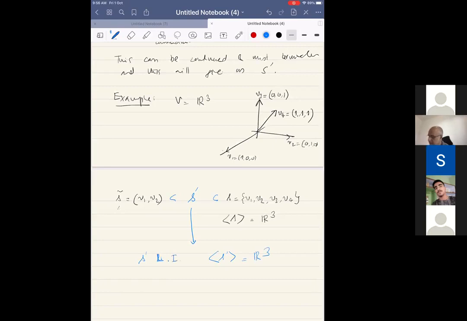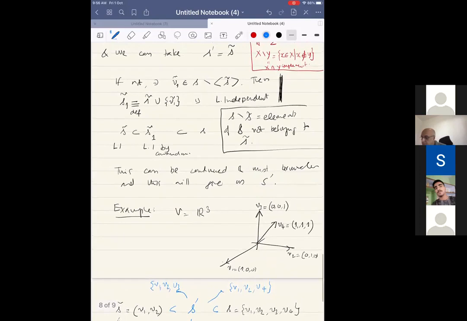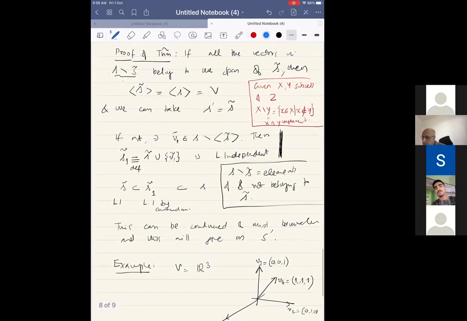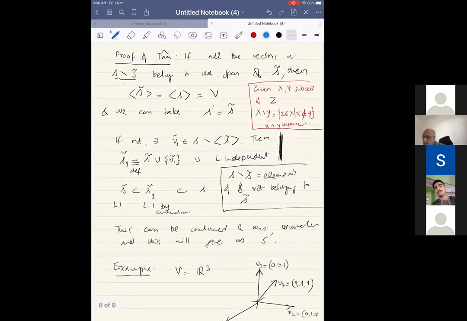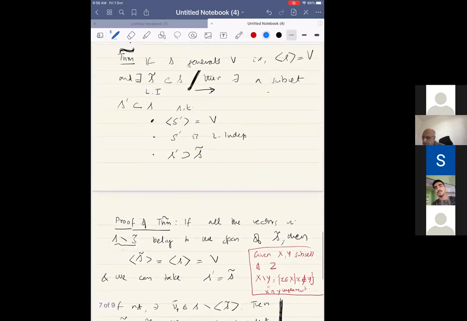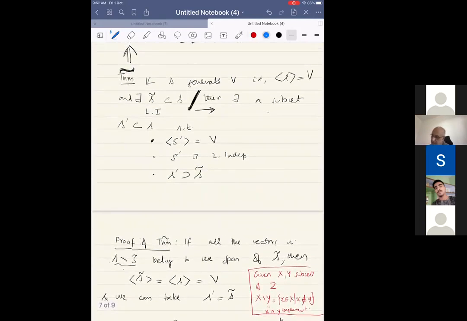And in fact, I can make 2 choices. I can choose V1, V2, V3, or I can choose V1, V2, V4. These will both be choices of S prime. I did not say in theorem tilde that there exists a unique S prime. I just said there is some S prime.